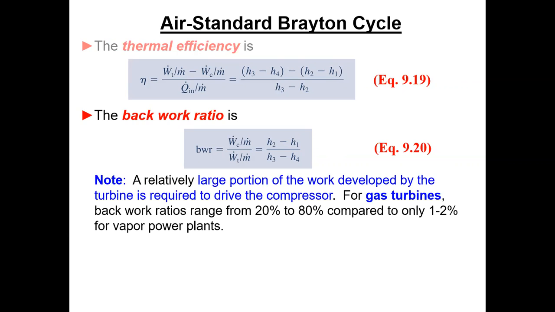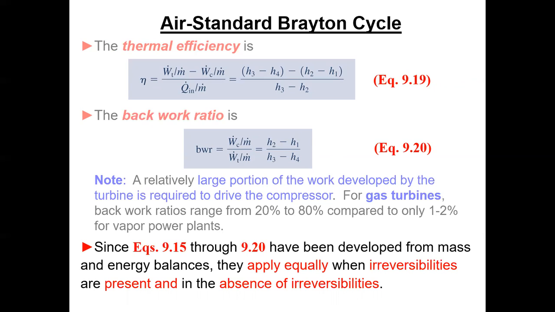Here, this back work ratio, because we're compressing a gas, is potentially between 20 to 80%. In a real cycle, it's probably going to be between 30 and 40%. But it's a bunch, and it takes a lot of energy to compress a gas, whereas a fluid being almost incompressible, not so much.